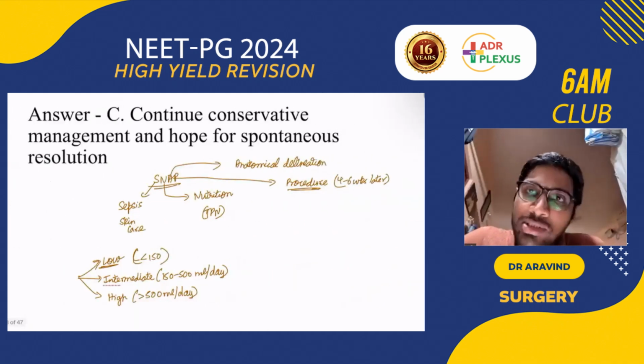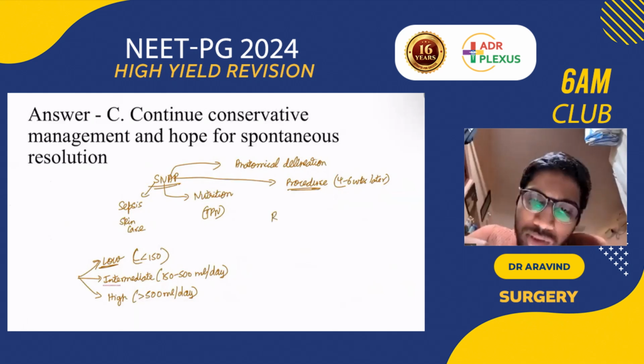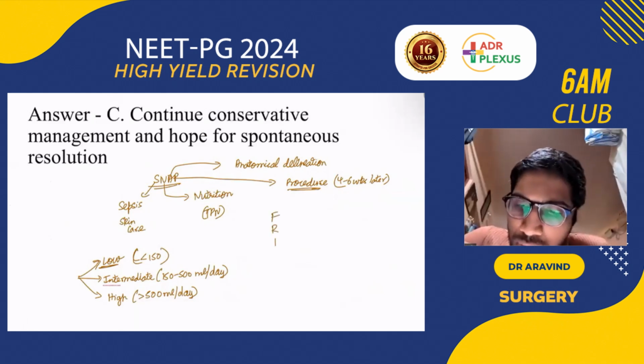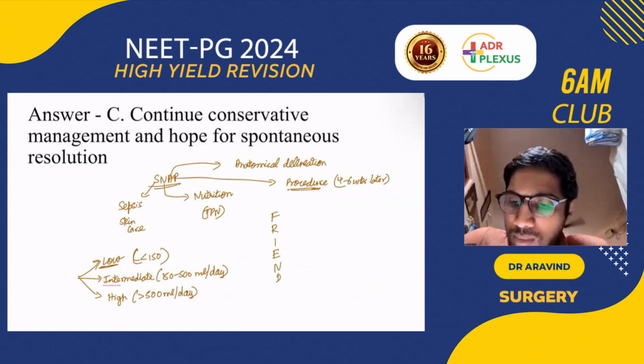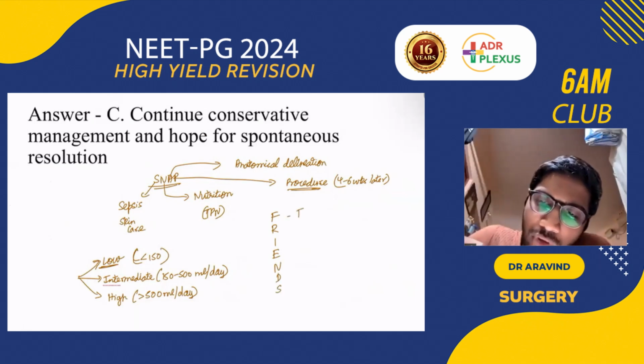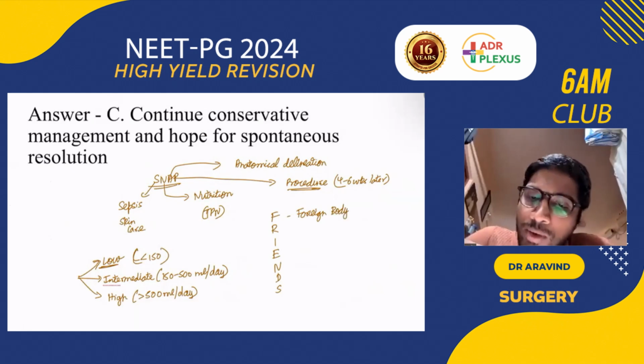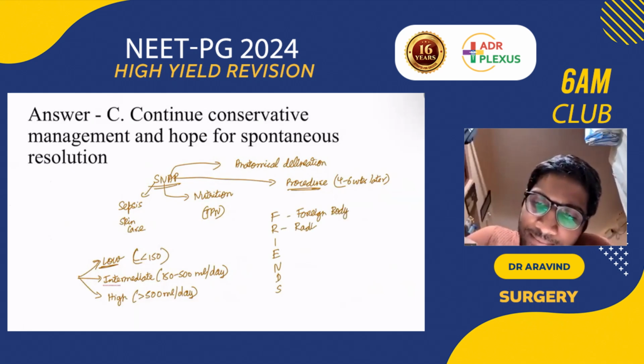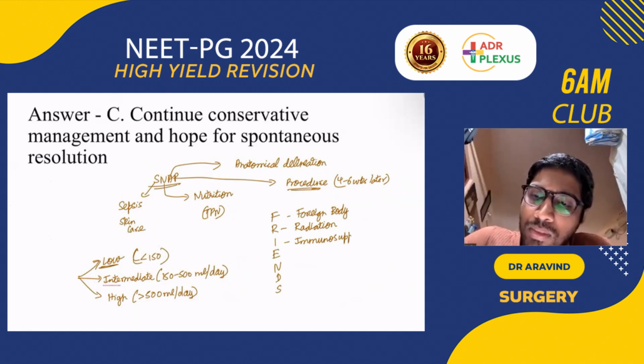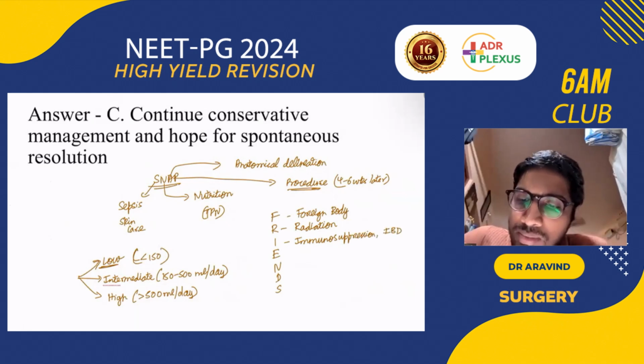And I'll revise that FRIENDS protocol. Which are the things that will prevent closure? F is foreign body. If there is any foreign body within the tract, it will not close. R is radiation. I is immunosuppression. IBD, inflammatory bowel disease.